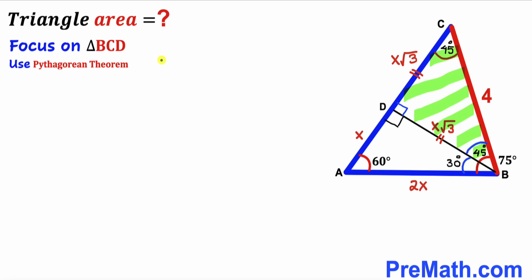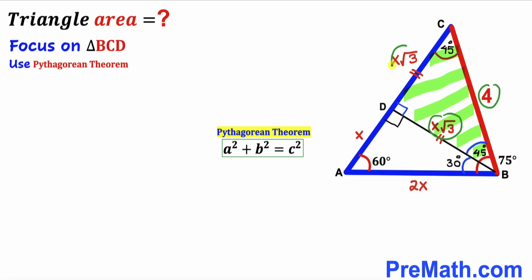Now we are going to apply the Pythagorean theorem on this triangle to find the value of x. Here's our Pythagorean theorem: a squared plus b squared equals c squared. In our case, our hypotenuse is 4, whereas our two other legs are x times square root of 3 and likewise x times square root of 3. Let's fill in the blanks.